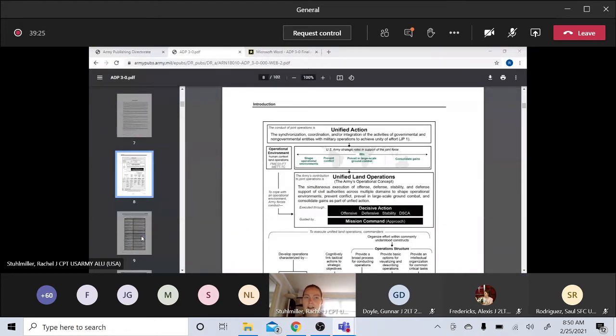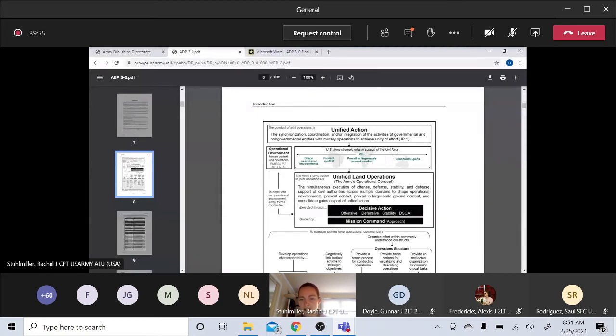While you do need to understand those, it's really highlighting the fact that this enables us. Unified land operations are impossible without mission command. If you want to execute these unified land operations, then you need mission command in order to enable that.